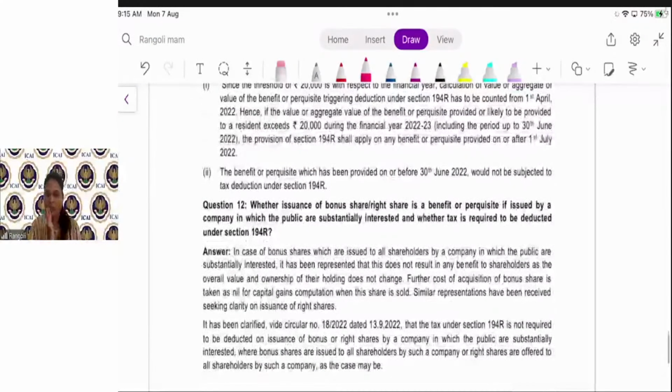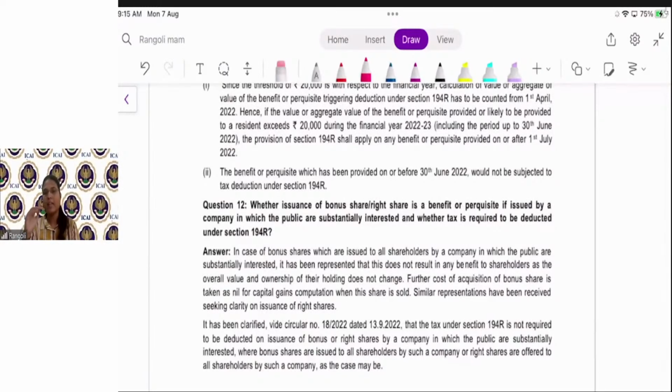Whether the issuance of bonus share or right share is a benefit or perquisite if issued by a company in which public are substantially interested? No. It is not a perquisite because bonus shares are given to every shareholder. And when the shareholder sells the bonus share, the holding will not change, the percentage of holding will not change because of bonus share, because bonus shares are given to every shareholder.